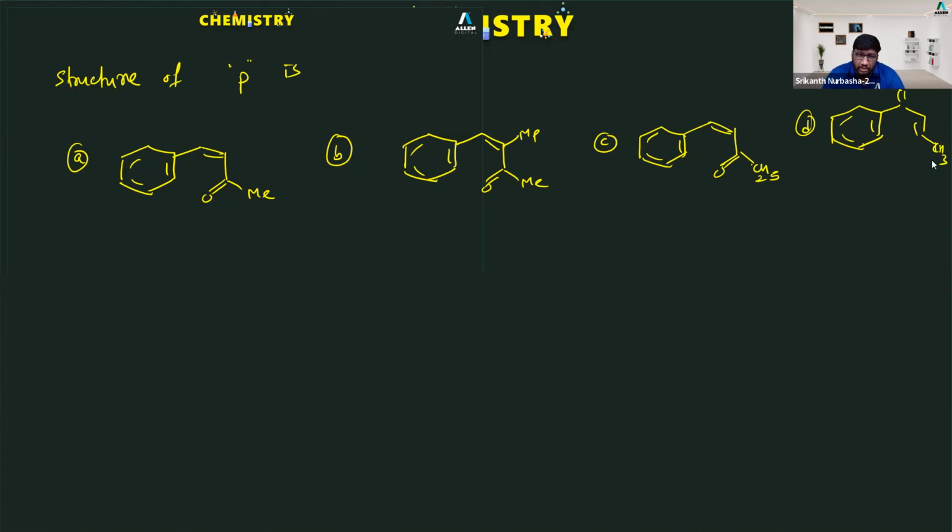Okay, this was the first question which has been given to you. The structure of P is: P treated with CH3MgBr, then acidic hydrolysis, then H2SO4 upon heating generates Q. So which is the structure of P?